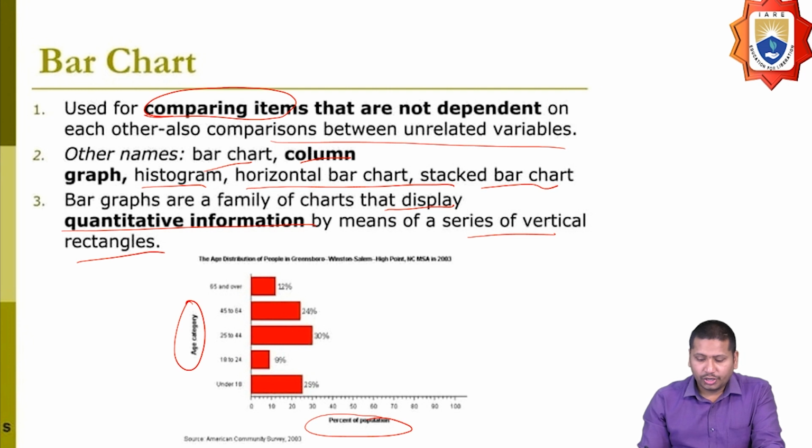I can represent under 18, what should be the percentage of population, for 19 to 20 what should be the population percentage, and for the 25 to 24 age category what should be the percentage. Like this we represent different types of age data in the form of a bar chart here.